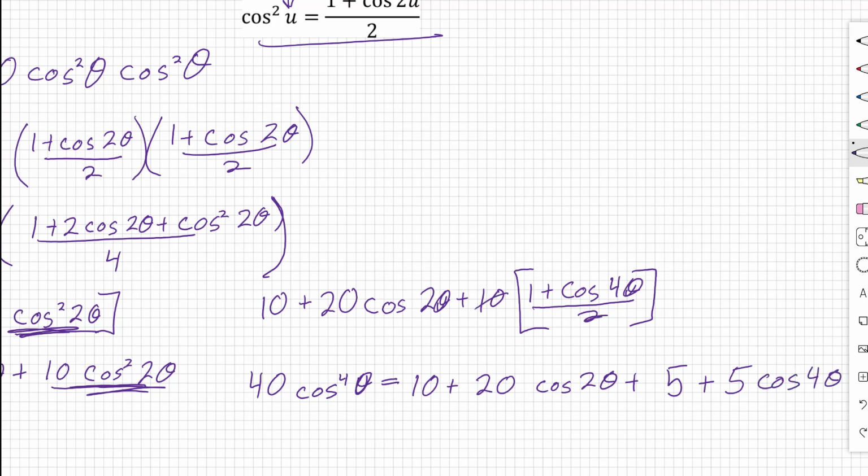Again, the 10 and the 2 divide out, and I've got a 10 and a 5, so I can do a little cleanup. And the final answer is 15 plus 20 cosine 2 theta plus 5 cosine 4 theta.